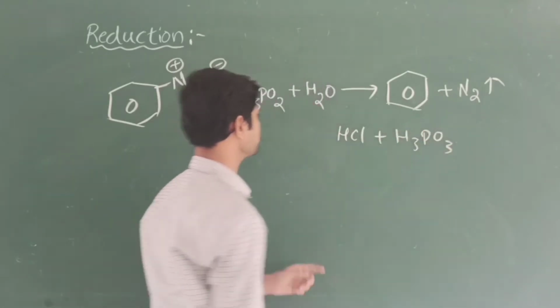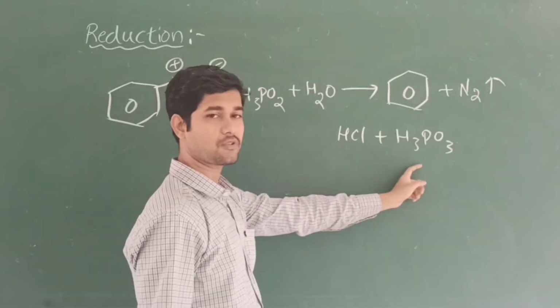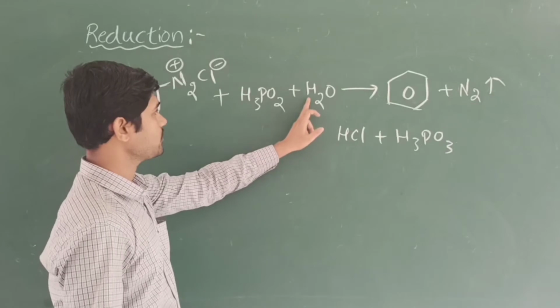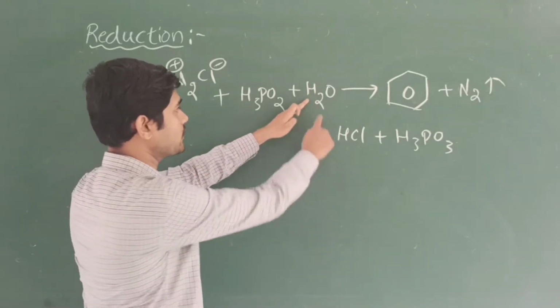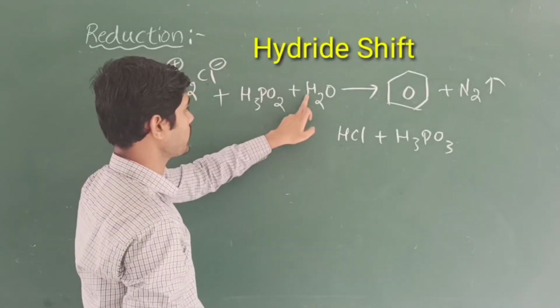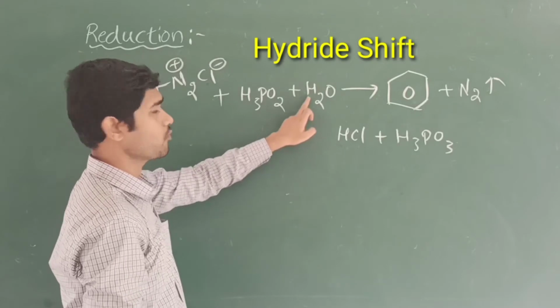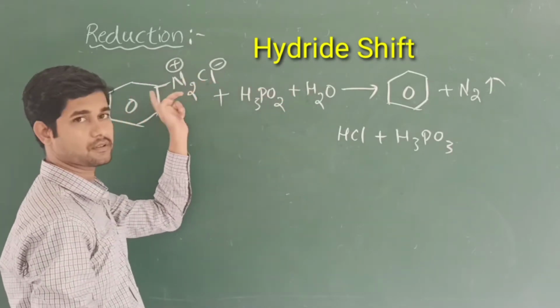H3PO3, phosphorus acid. So H3PO2 is called hypophosphorus acid and H3PO3 is called phosphorus acid. One hydrogen combines with Cl minus, which forms HCl, and one more hydrogen is taken from the oxygen, so it becomes H3PO3.